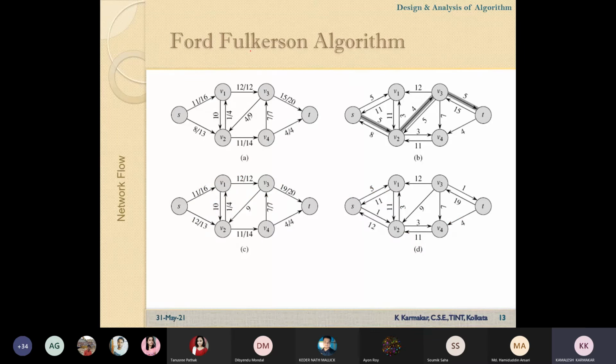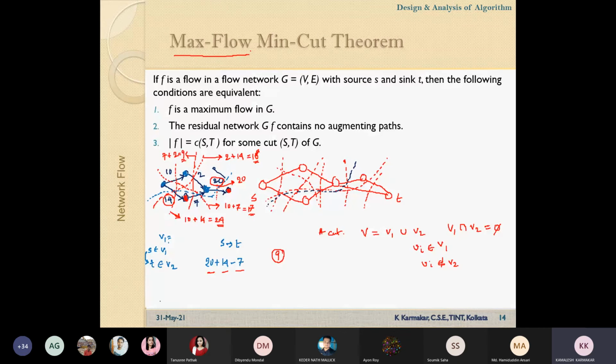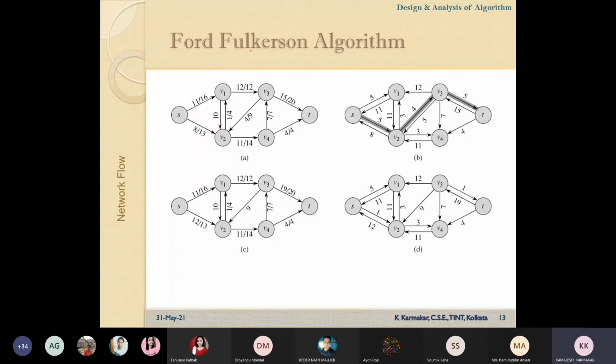So we will solve this problem using this technique, but this is a theoretical background by which we can prove that if we can determine the minimum cut of a graph, then the flow of this min cut is the maximum flow of the network. Later on this algorithm was published by Ford and Fulkerson. This algorithm is used to solve the problem, and it solves the problem in polynomial time.